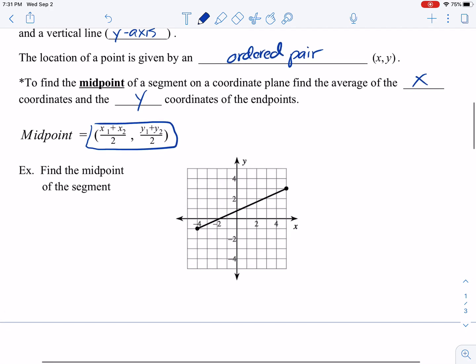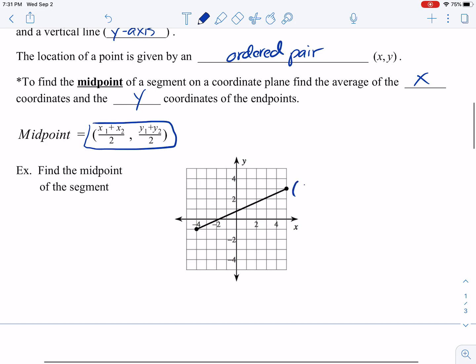So let's try this example together. Let's first label the coordinates of our endpoints. This is +5, +3 for our y, -4, -1 for our y coordinate. Find the average of your x's, find the average of your y's.